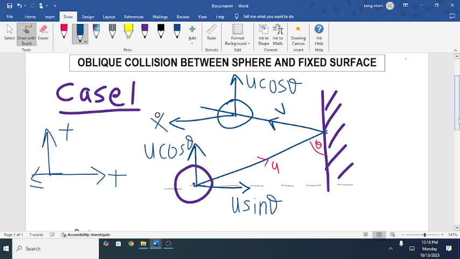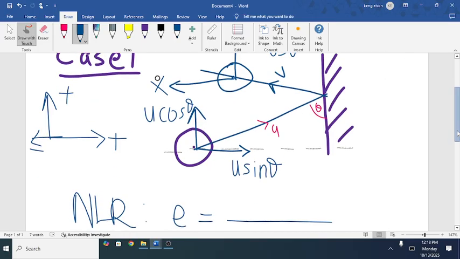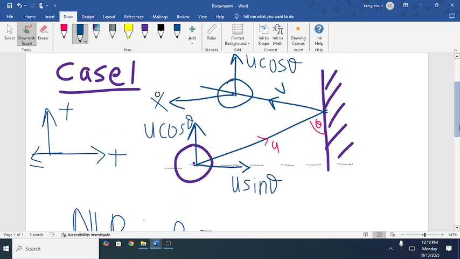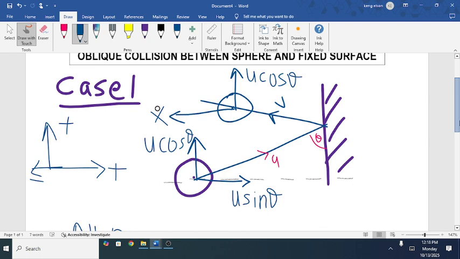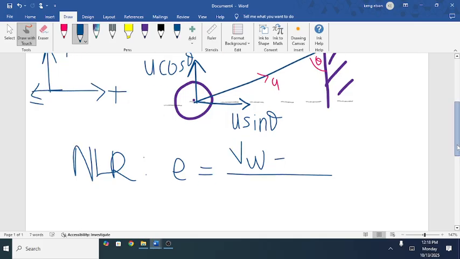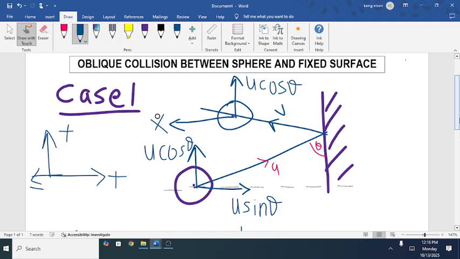If I apply Newton's law of restitution along the line of centers, e is equal to the velocity of separation, which means their final velocities along the line of centers after impact. So I do v of the wall minus v of the sphere after impact along the line of centers. The line of centers is horizontal, so we are talking about this horizontal velocity. Since it's pointing to the left, it is negative.